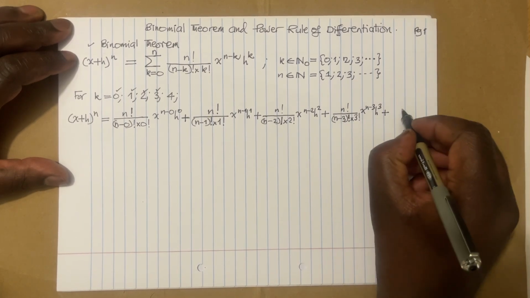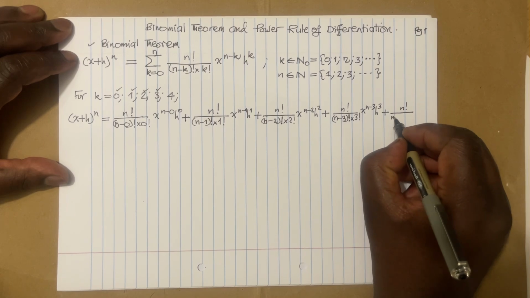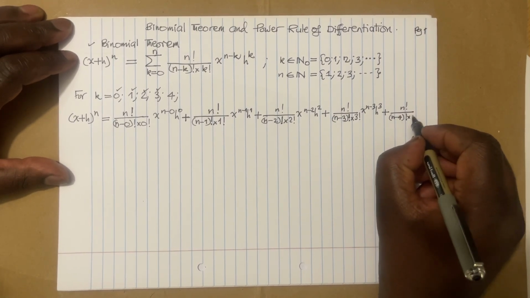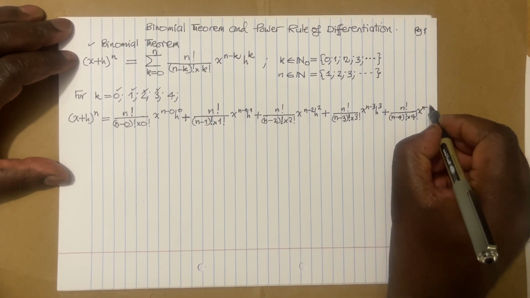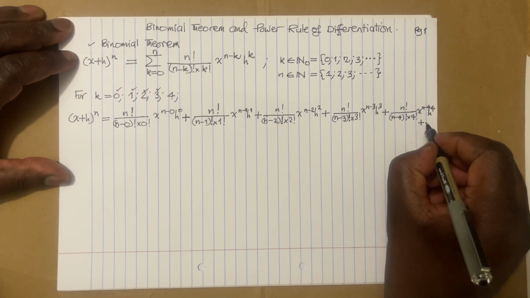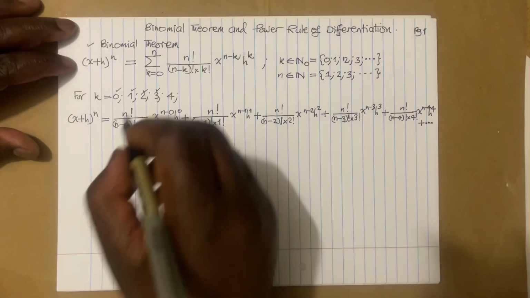And the last part is n factorial all over (n minus 4) factorial times 4 factorial, of x to the power n minus 4, h to the power 4, and then plus 1, 2, 3. I told you I was going to stop at k equals 4.